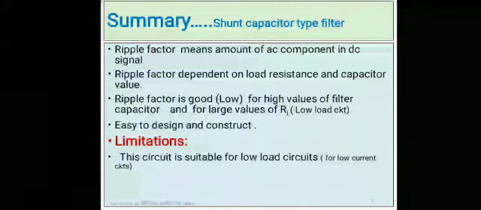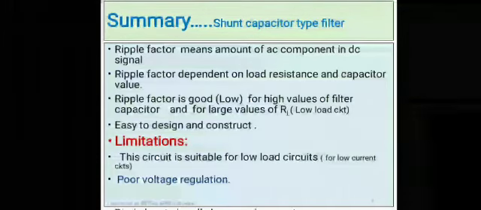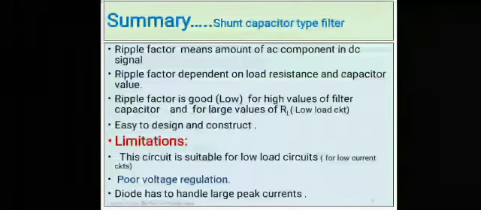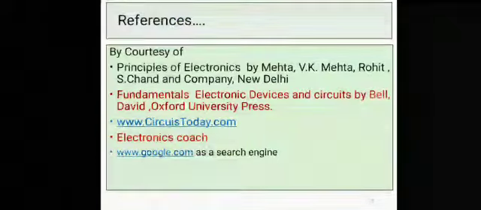So this circuit is suitable for low load circuits. It has poor voltage regulation, meaning if the load value increases, then the voltage of the circuit will go down, as the diode has to handle large peak currents.